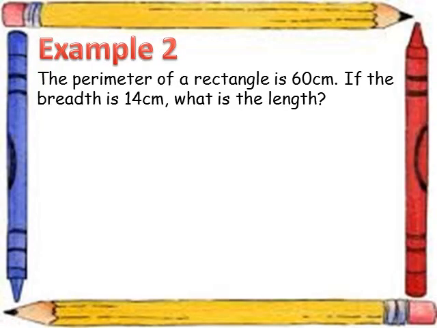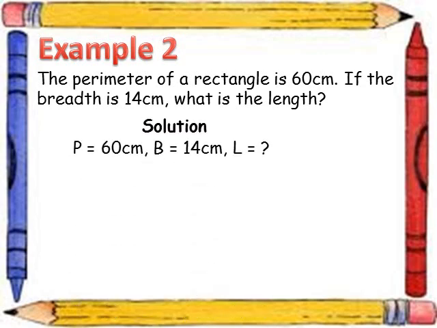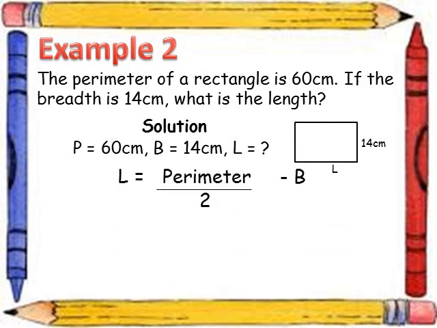The next example. The perimeter of a rectangle is 60 centimeters. If the breadth is 14 centimeters, what is the length? Write out our parameters. From the question, you can see that perimeter is 60 centimeters, isn't it? The breadth is 14 centimeters, right? Now we're looking for the length. Okay.